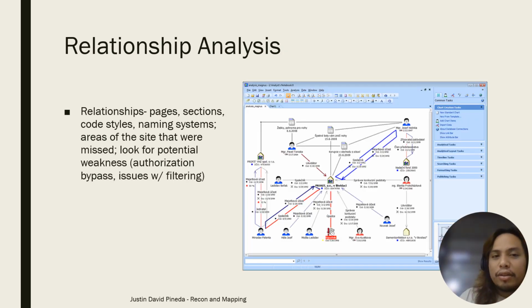And then, in relation to the flow charting or the plotting of the application flow, later on you can do your relationship analysis. Although this is optional because it may require a significant amount of time to build up. Usually you can map it out, like check the relationship between pages.